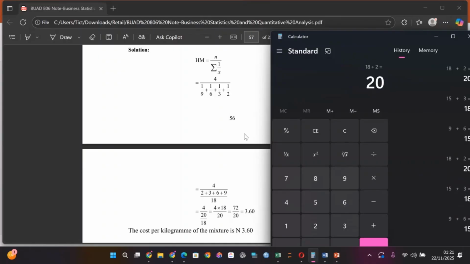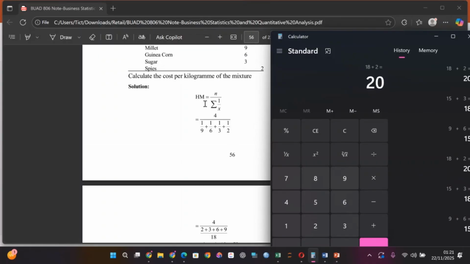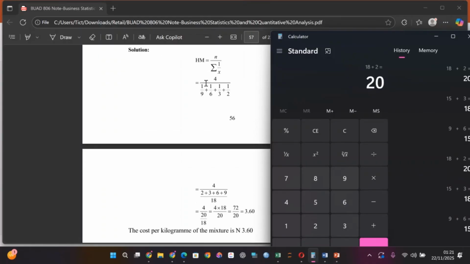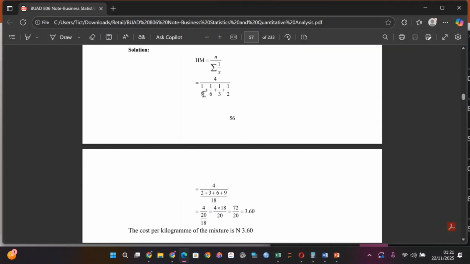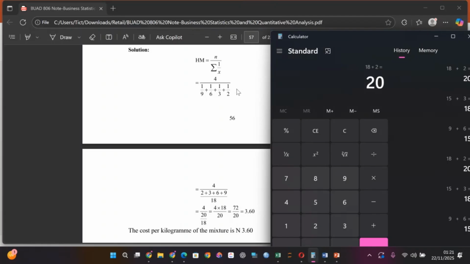But what we are going to do here is divide 1 by 9, 1 by 6, each item.